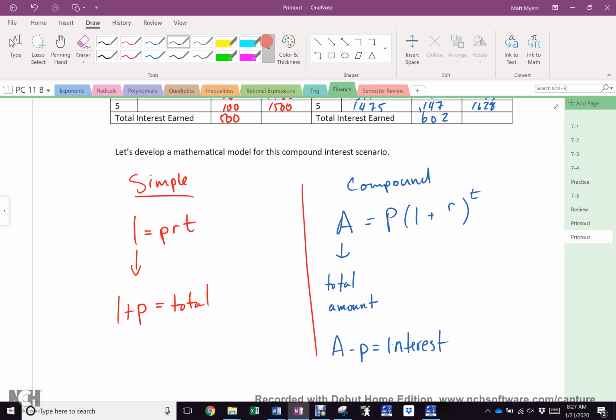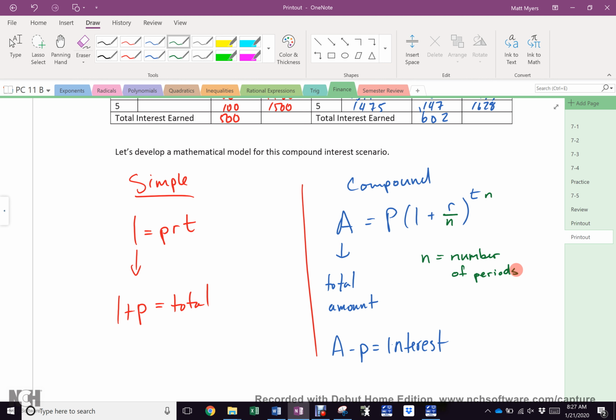Now, there's a couple of extra little numbers in here. Put an n there and an n there. We know what PRT is. N equals the number of compounding periods. So, if you have a credit card, now that's a bad example.